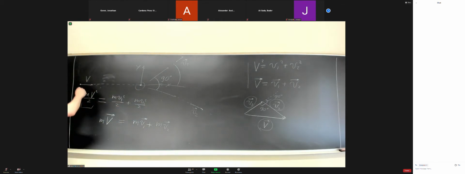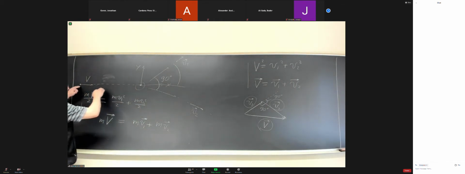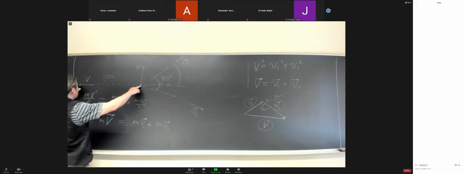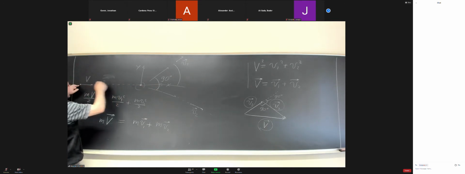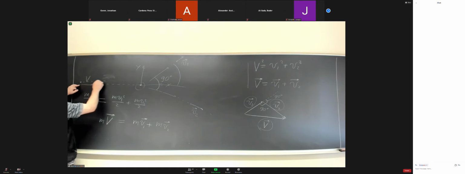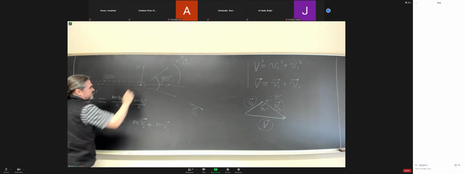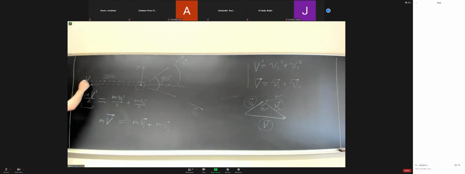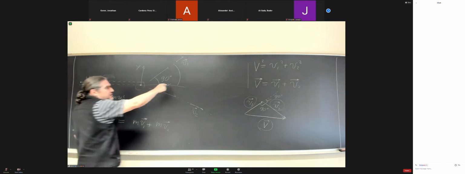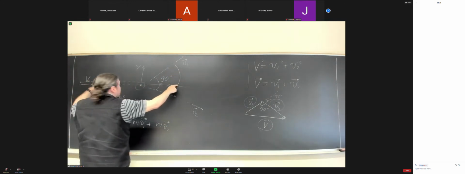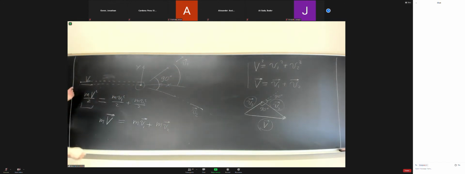Moreover, it depends on the impact parameter. You see that it's not a central collision, right? So the particle is actually moving parallel to that line, somehow like this, and the angle between the initial velocity and the final velocity will depend on this impact parameter.